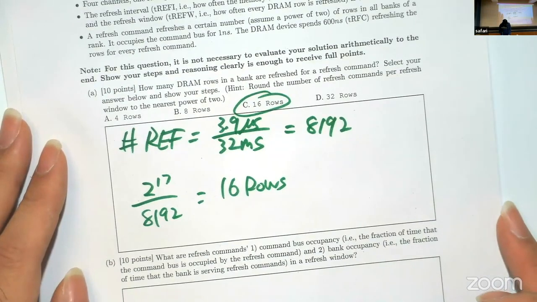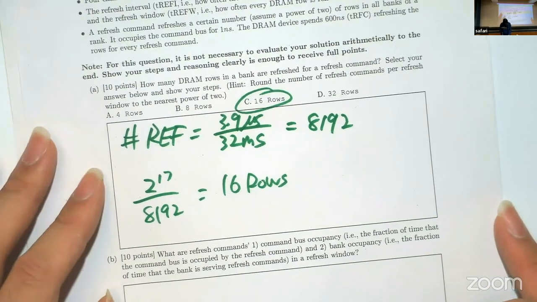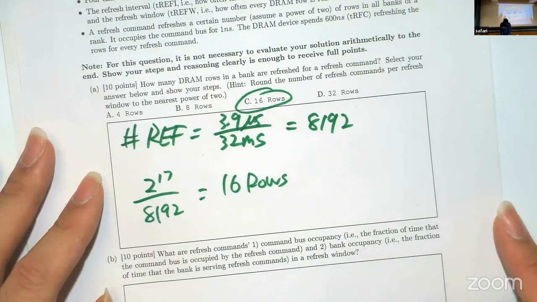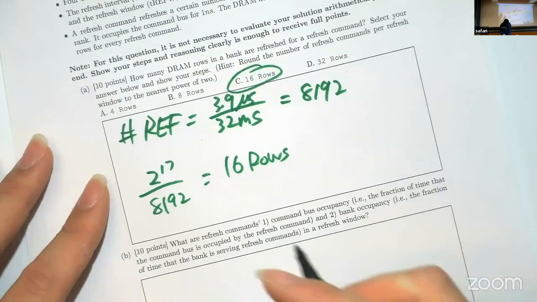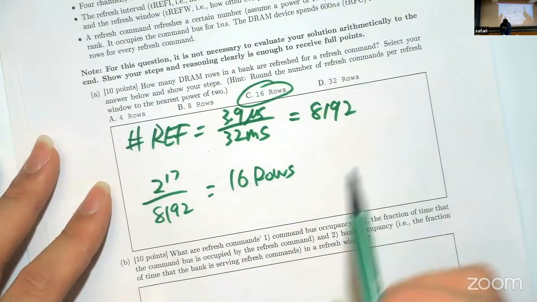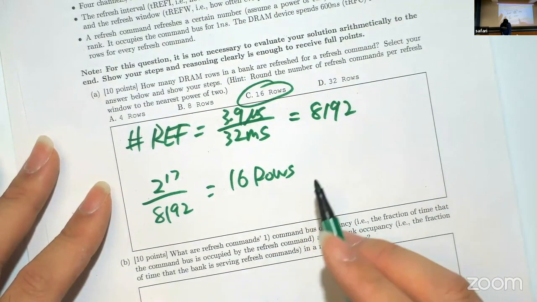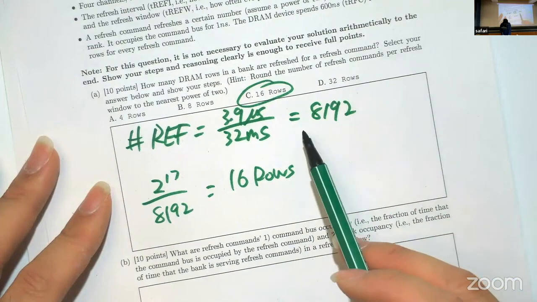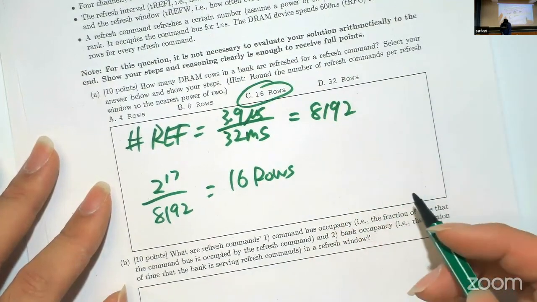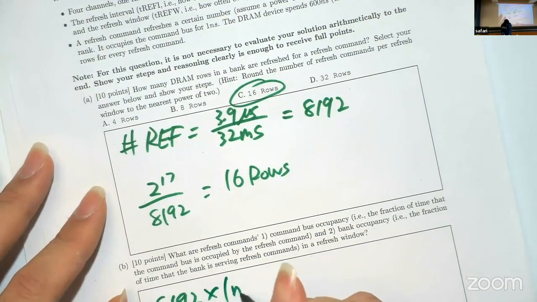So then the second question, what is the refresh command's command bus occupancy? That is the fraction of the time that the command bus is occupied by the refresh command. So within a refresh window, which is 32 milliseconds, we have 8K refresh commands. So that's 8K commands times 1 nanosecond over 32 milliseconds.